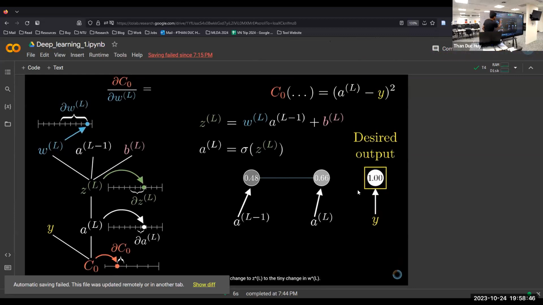So if it's WL, it refers to tweaking this specific weight, and how much the loss will change when you tweak it. If this was, let's say, ZL, then it will refer to how much tweaking this weight by a small amount will tweak the other weight by a small amount.